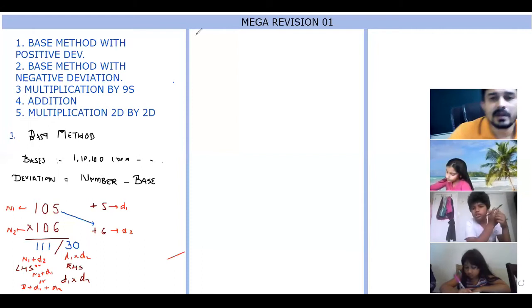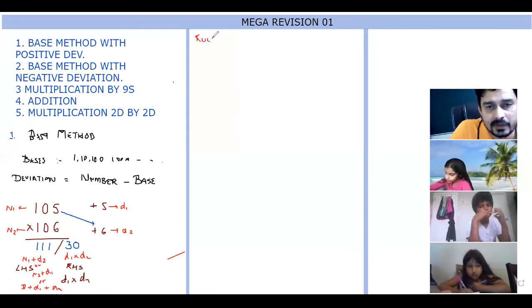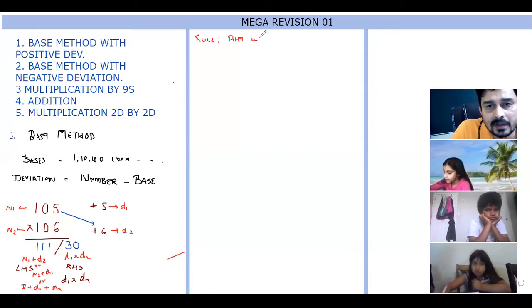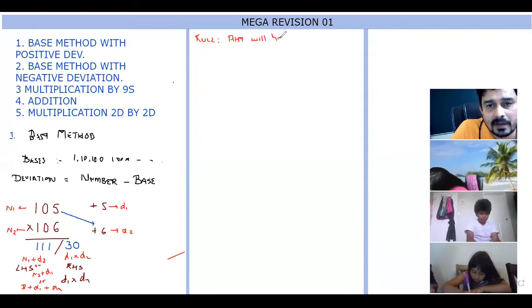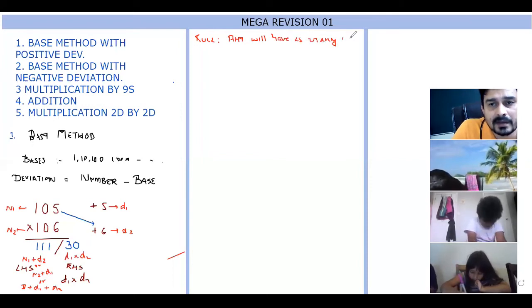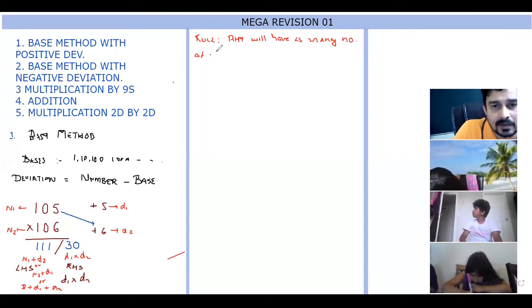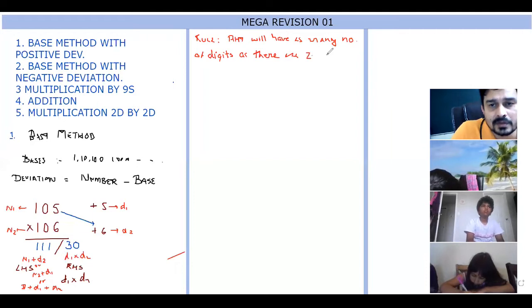Here we use a rule which says RHS will have as many digits as there are zeros in the base.